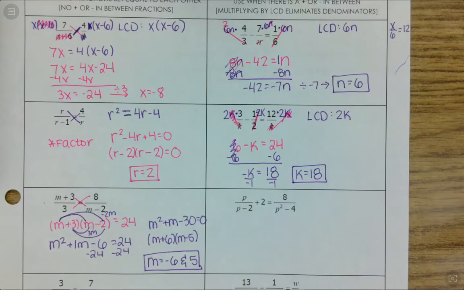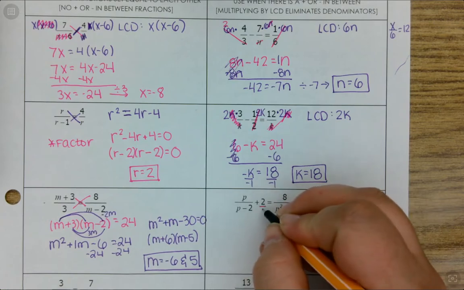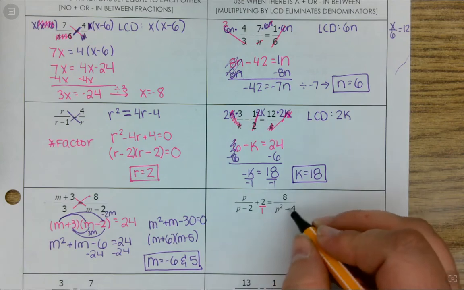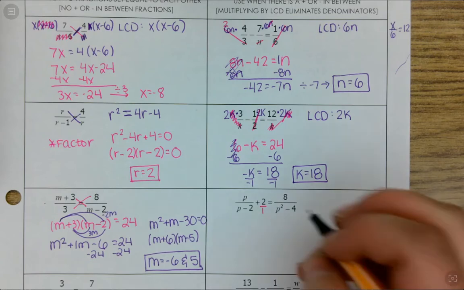Alright, the one on the right gets a little tricky. This one has multiple fractions, so I'm going to give this a denominator of 1 right now. That's the first part that's a little tricky. The second part is I can't really see what my LCD is until I factor this. So if you're trying to find a least common denominator, you have to have everything factored first.